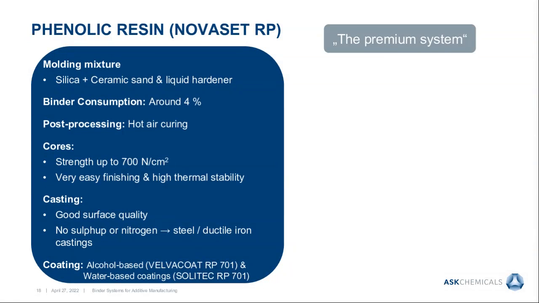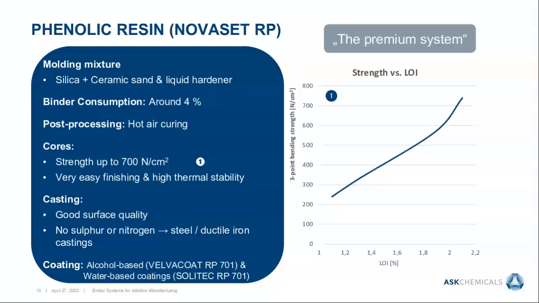Binder consumption is a little bit higher, around 4%, and in contrast to Ascoran 3D, there is a necessity for hot air curing after finishing the parts to gain final strength. The final strength obtainable is very high. It can go up to 700 Newton per square centimeter. And of course, as the graph on the left shows you, it is very much dependent on the binder consumption. So there is the possibility to adjust your strength level to your need by adjusting printing parameters.